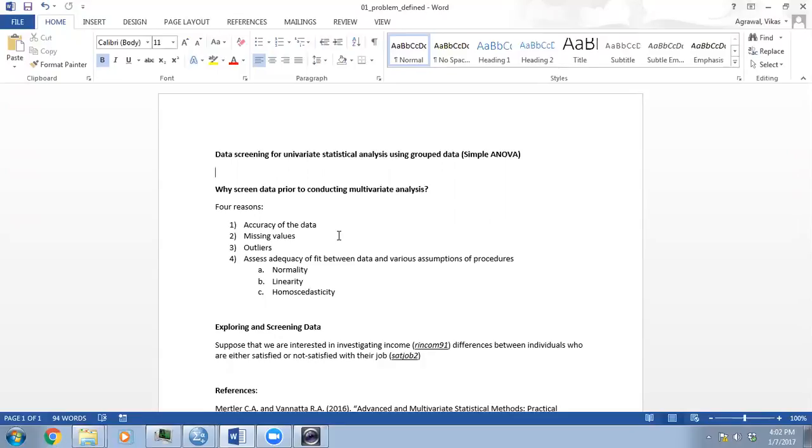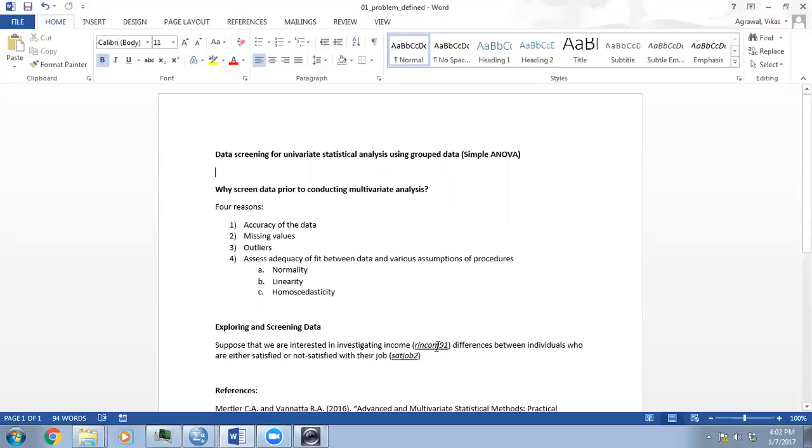The thing you have to keep in mind is that the data has to be normal across all groups. Not only that, the data should have constant or the same variances across all groups. So that's something we have to worry about here. Linearity will not be tested here because we only have one dependent variable.